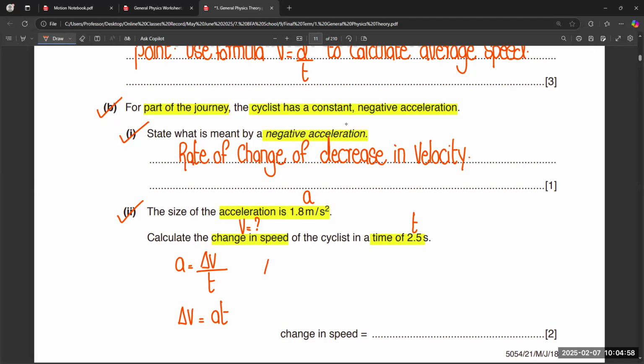A into t, 2.5, and finally it is equal to 4.5 meters per second.